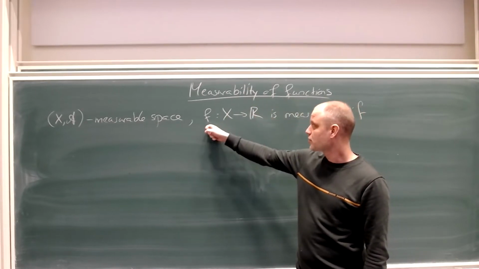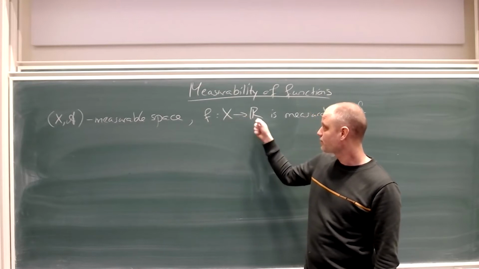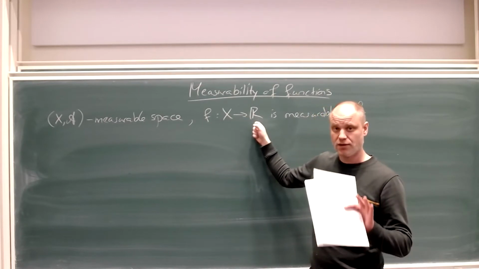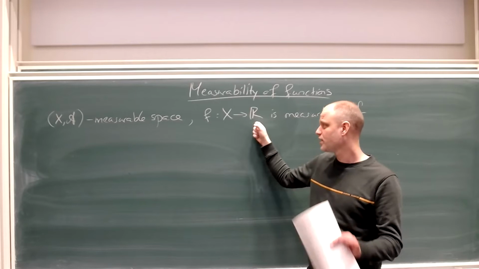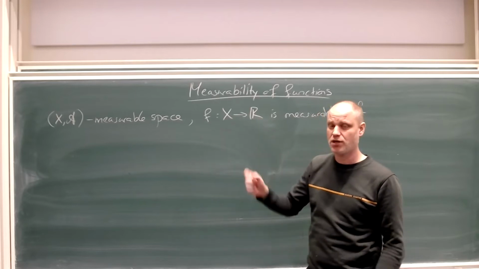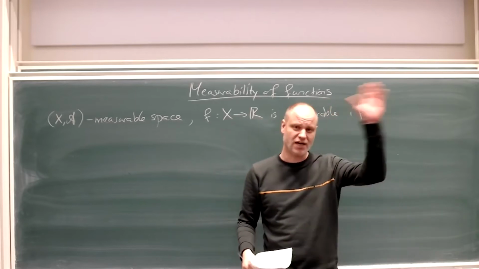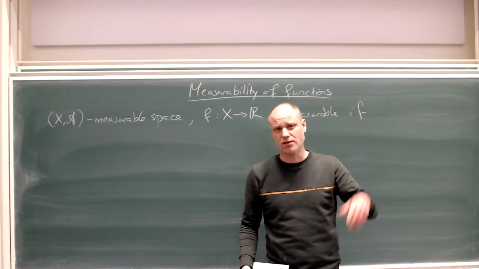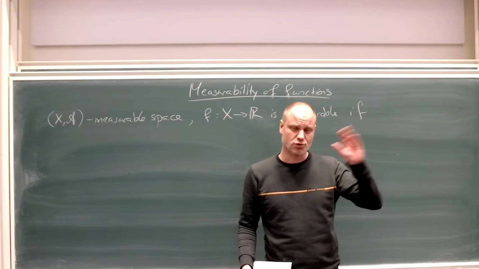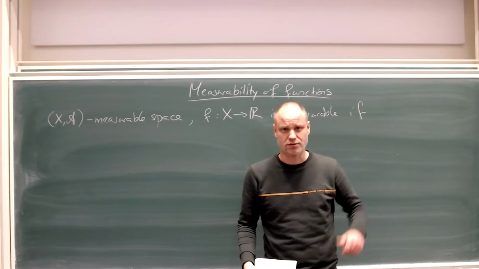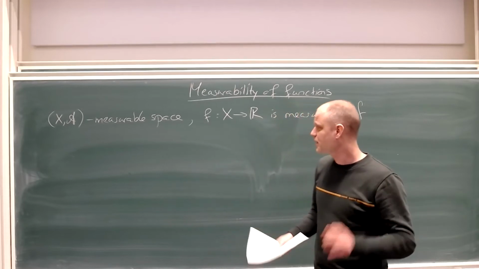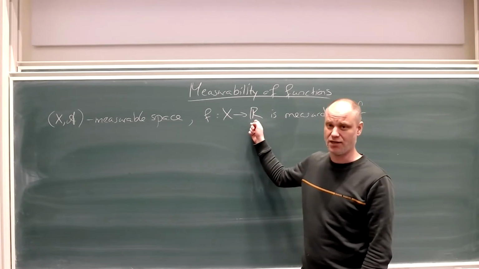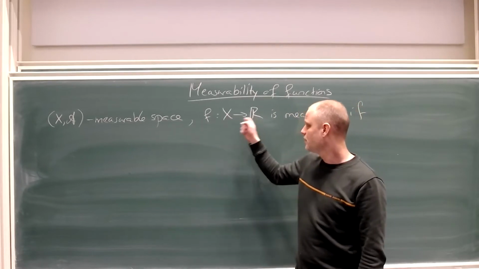A function on X with values in R, and functions in this course are always from X into R. We're not going to integrate multi-valued functions, or then you get into other types of integral. There are many other more esoteric integrals, Bochner integrals, and so on. But now the Lebesgue integral, it's always just real values. We're just interested in functions.